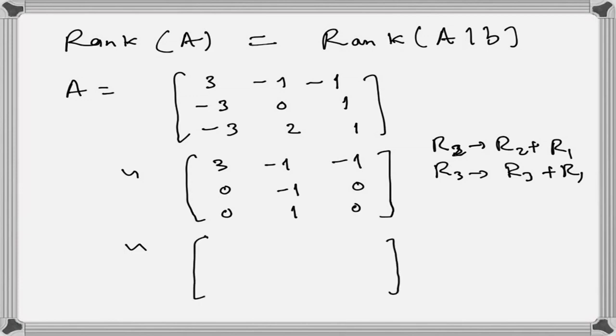Here we'll use R3 as R3 plus R2. Then we'll have 3 minus 1 minus 1, 0 minus 1 0, and 0 0 0. Alright, so here the rank of A is 2.